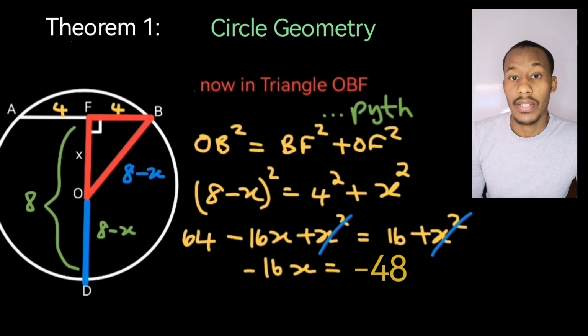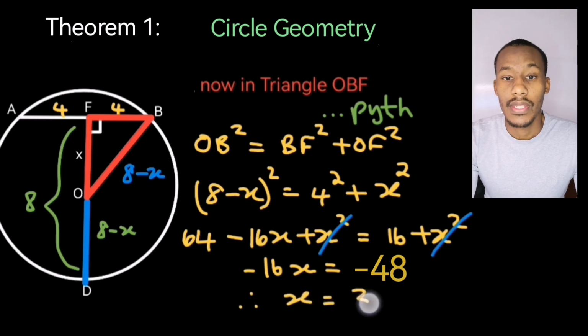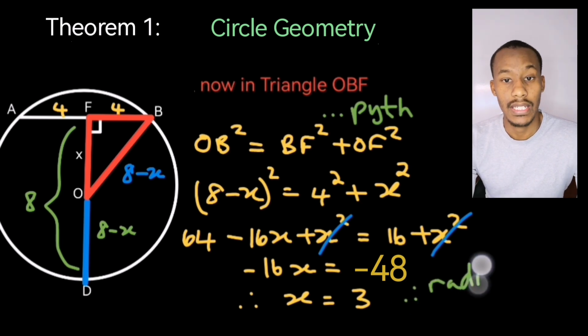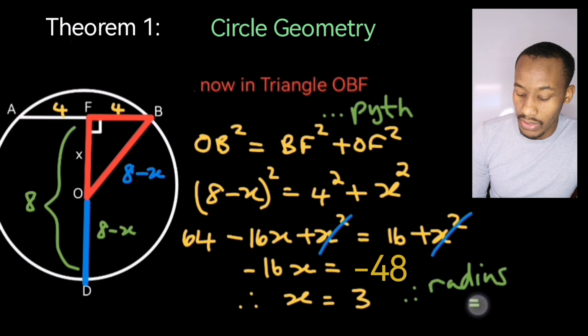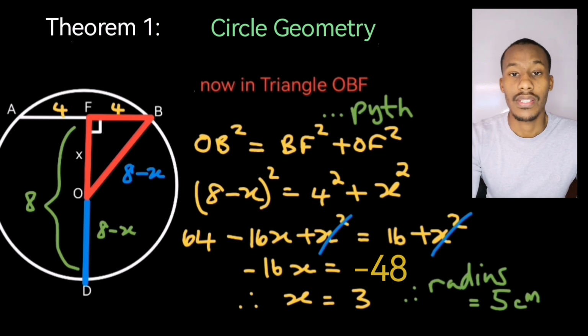Divide both sides by negative 16 and you get X equal to 3. Now that we know that X is equal to 3, the radius has to be 8 minus 3, which is 5. So therefore, the radius of the circle is 5 centimeters, and that's your answer.